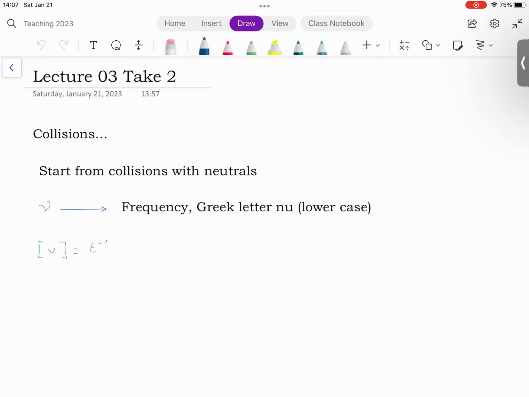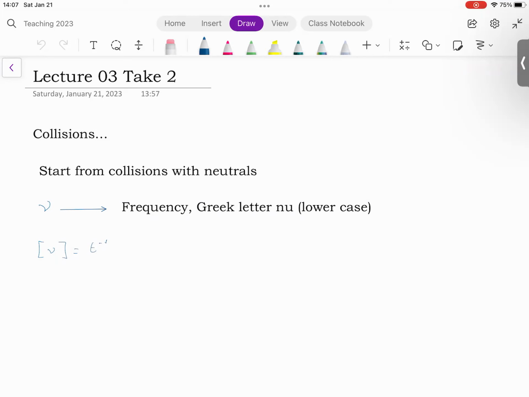Well, now, what is going to be our collision frequency, and why is that the relevant quantity?